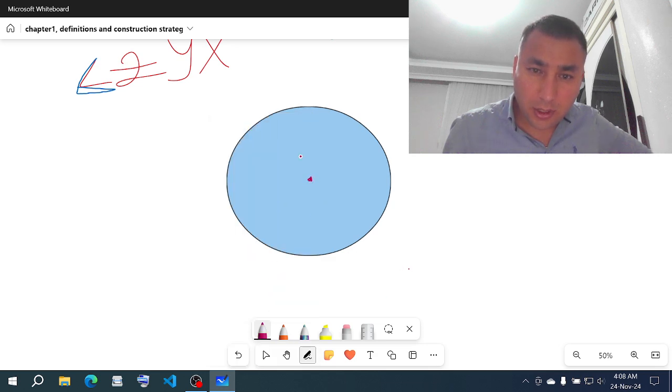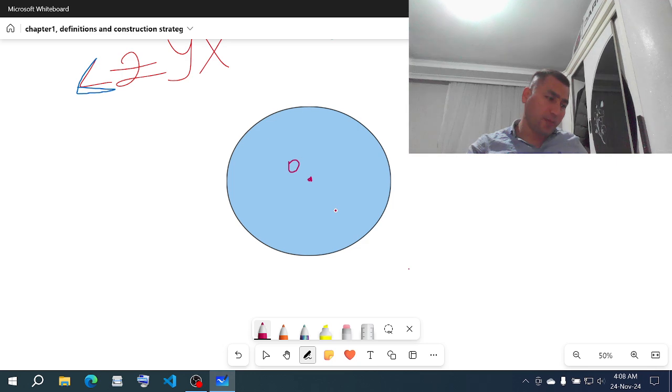Let's give it the name O, and it's a set of points or small dots, all at the same fixed distance from the center, and that's called the radius. Okay, so this is a radius, this is a radius, okay, this is a radius.